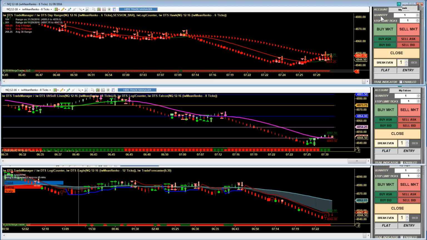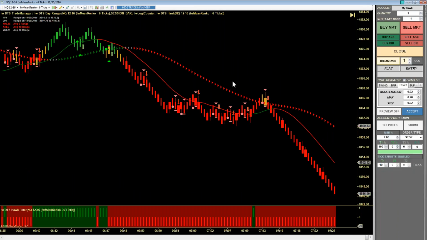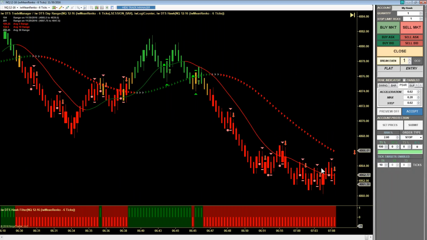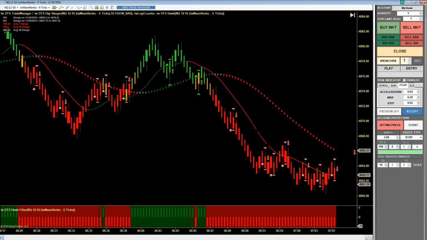Like, for instance, this signal right here is what we call a 4-arrow consolidation on the hawk. I might not take the signal right on the hash mark. Rather, I might choose to enter below there.